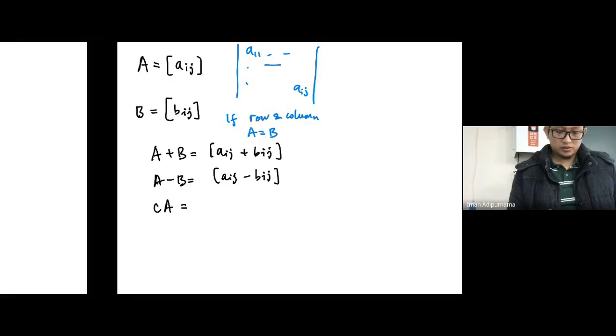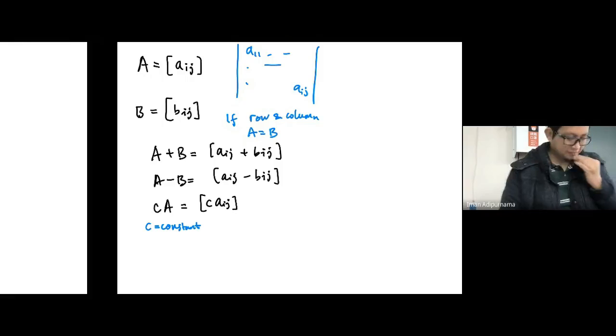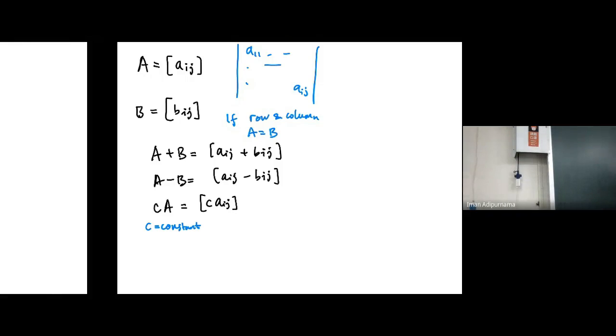You can multiply by a constant, meaning the constant will be multiplied with every entry inside the matrix.